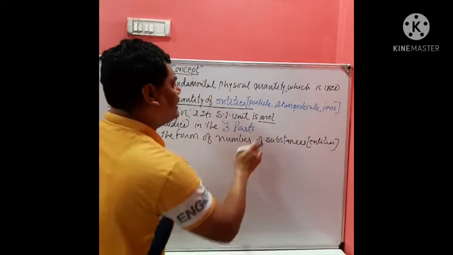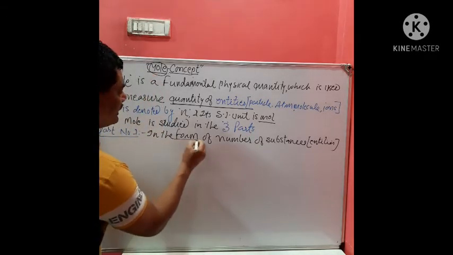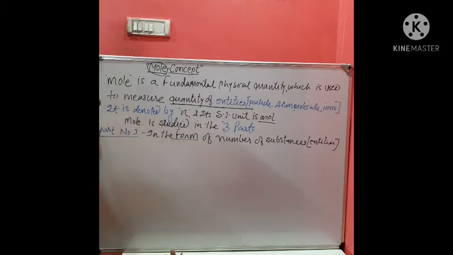And what is the meaning of entities? It may be particles, maybe atoms, maybe molecules, or maybe ions. So the first one is in the form of number of substances, or entities, or atoms, particles, etc.